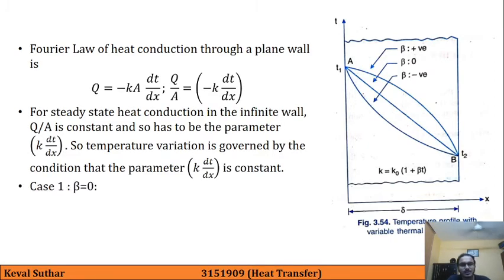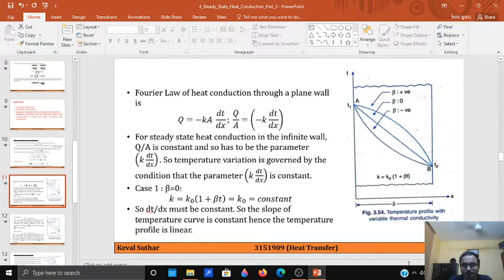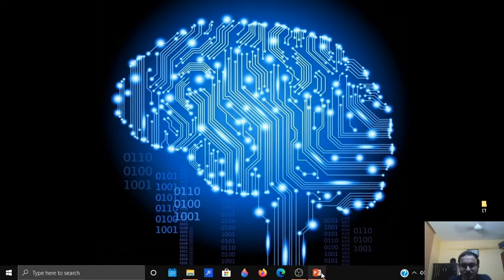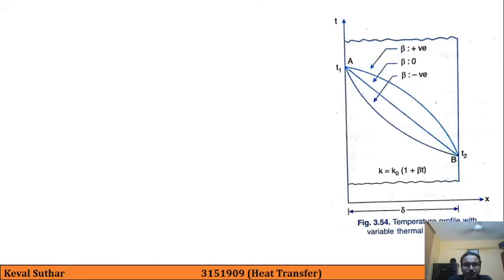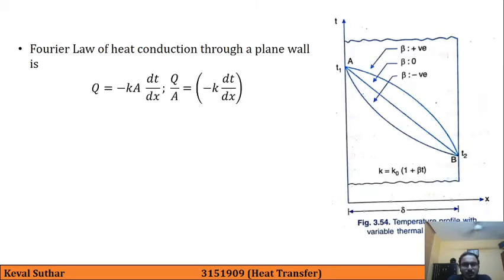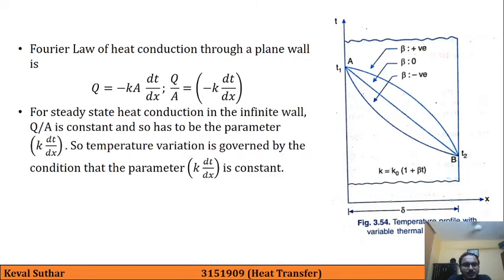Then we took different cases in which we considered first Fourier's law of heat conduction, and we put a condition that here k into dT by dx must be constant for making q upon A a constant.